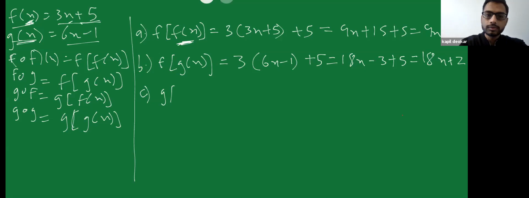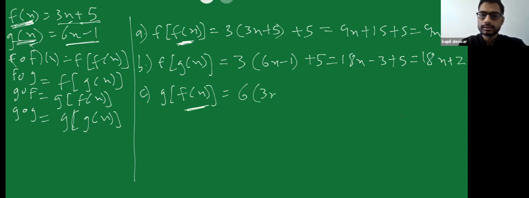Third, I want g of f of x. Now g of x equation is given to me, 6x minus 1. But instead of writing x, I want to write f of x term. So 6 into x. But instead of x, what I want is f of x. And f of x is given, which is 3x plus 5. And g of x remaining equation is 6x minus 1.